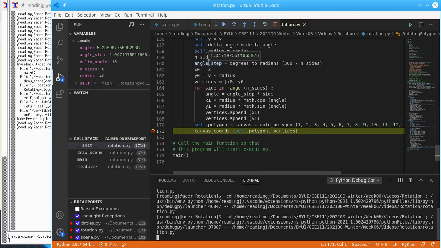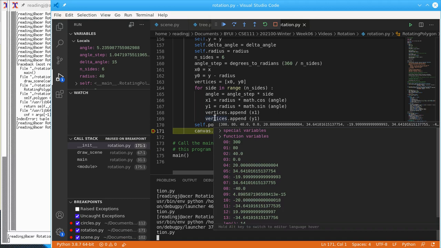Okay, what's angle step? 1.04 radians. Yeah, that's right. There's 2 pi radians in a circle, so 6.29 roughly. So a sixth of that is just a little bit over 1. Coordinates. Let's see, vertices is what I want to look at. So 380.